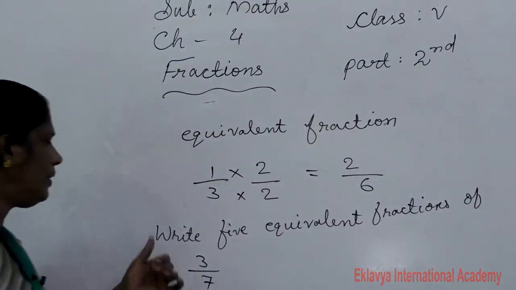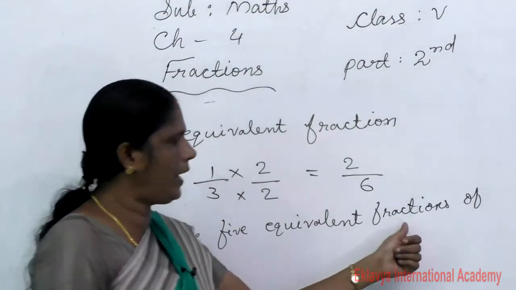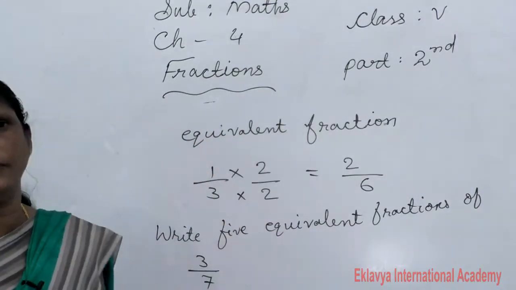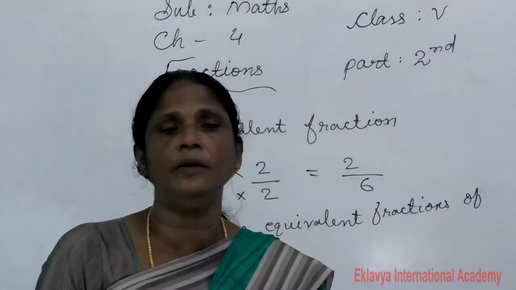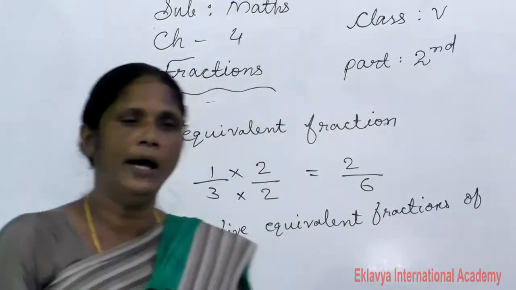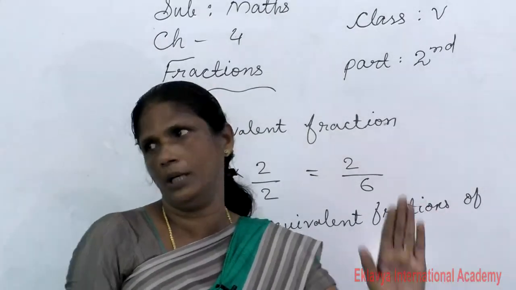Question again, read. Write 5 equivalent fractions of 3 by 7. To get an equivalent fraction, we multiply numerator and denominator by the same number.